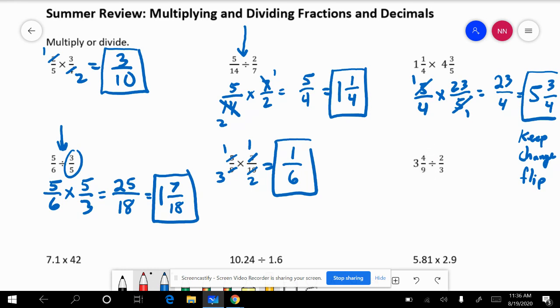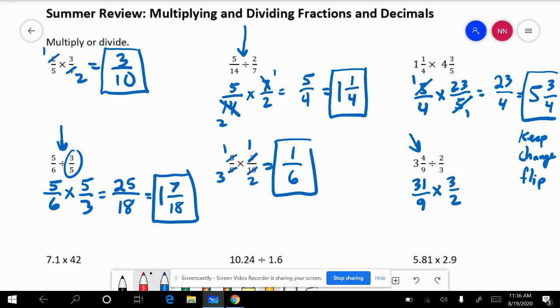Now, we're going to keep this one, but I'm going to change it into an improper fraction. So 9 times 3 is 27, plus 4 is 31. I'm changing it to multiplication, and I'm flipping the second number. So it becomes 3 over 2.